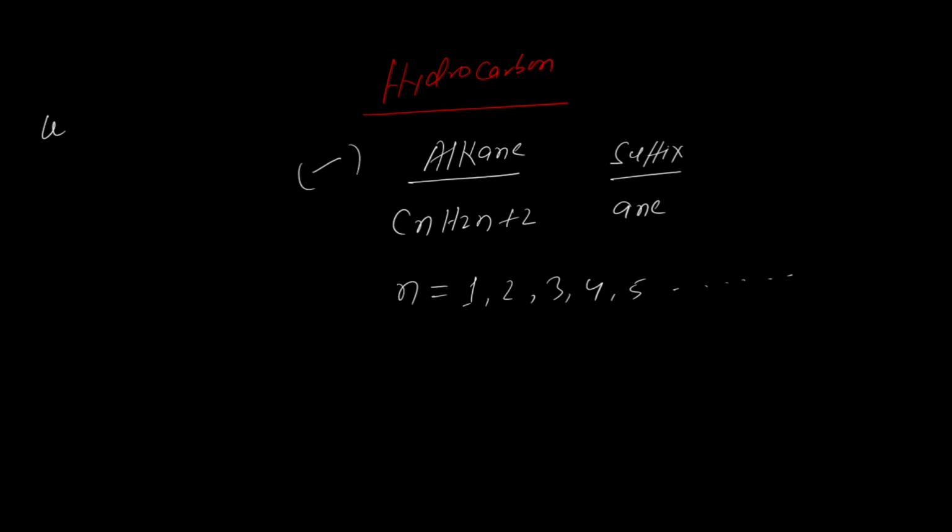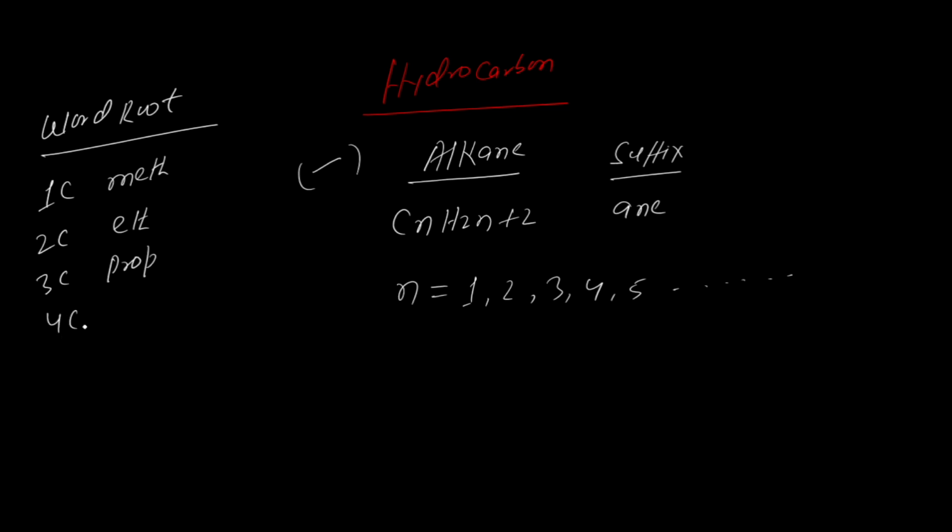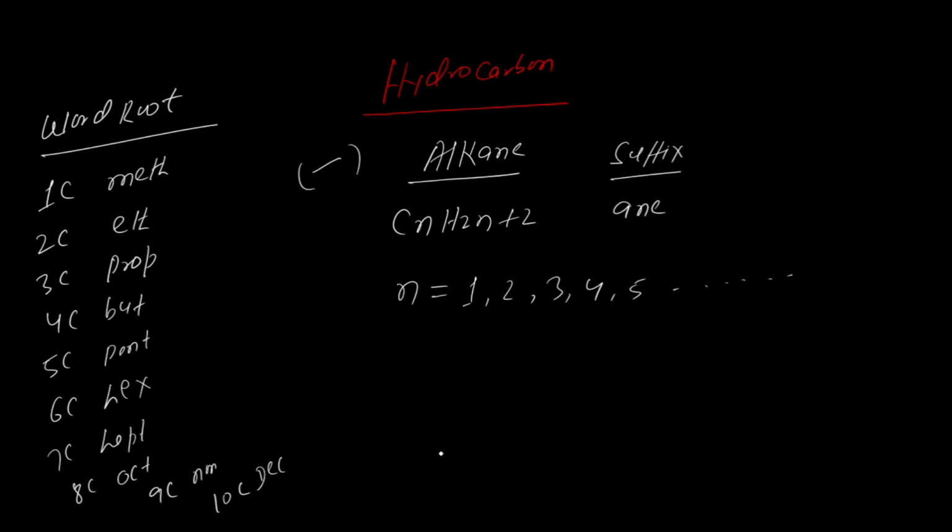As you know about the word root, I would like to introduce it once more. 1 carbon is known as meth, 2 carbon as eth, 3 carbon as prop, 4 carbon as but, 5 carbon as pent, 6 carbon as hex, 7 carbon as hept, 8 carbon as oct, 9 carbon as non, and 10 carbon we have decane, so dec.